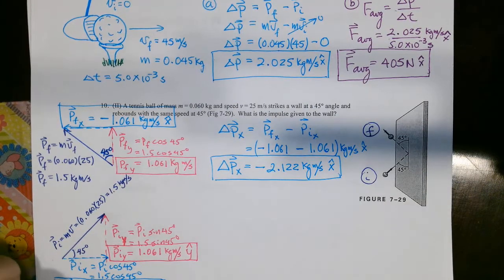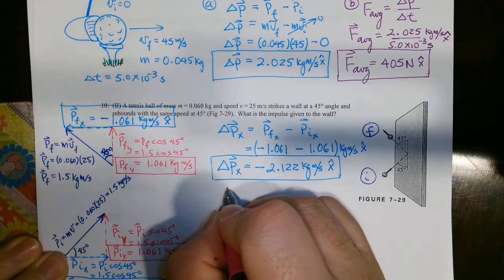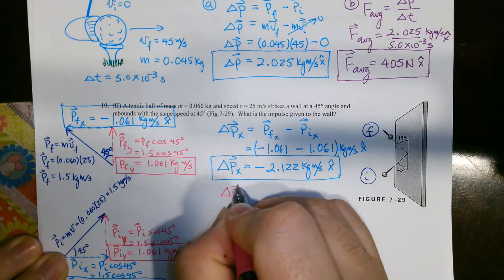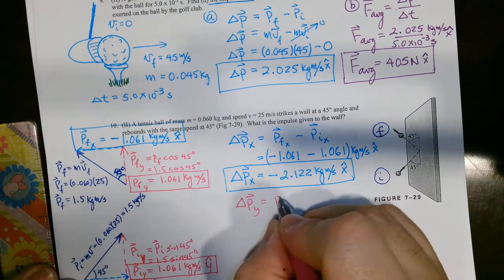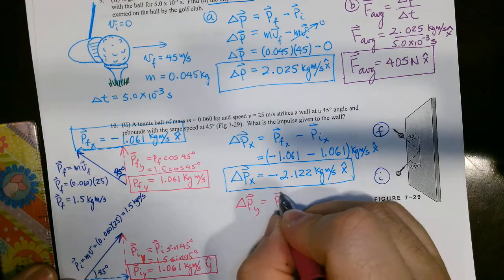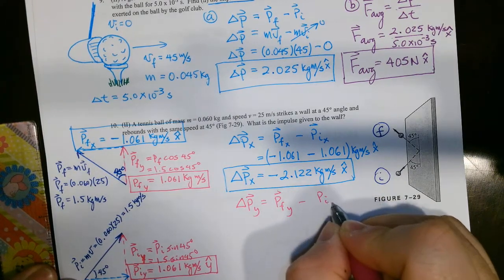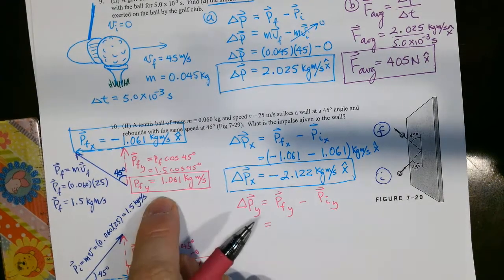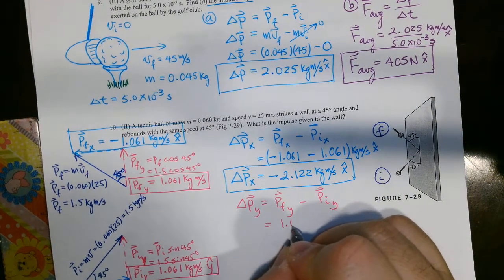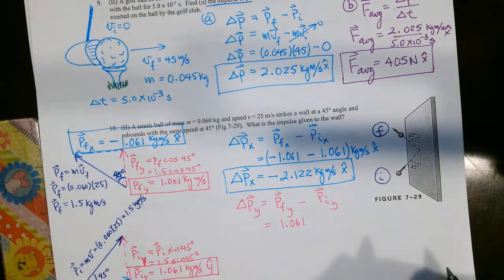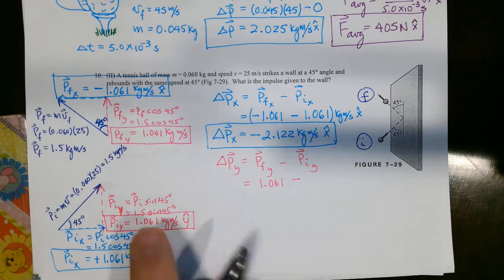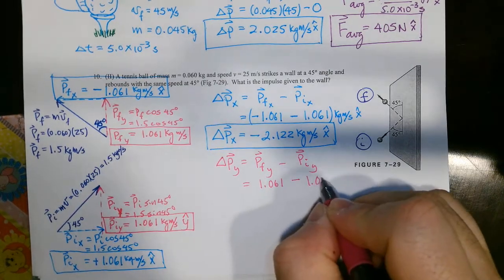However, if we take a look at the change in momentum for the y direction, right? I have momentum final in y minus the momentum initial in y. The momentum final in y is positive 1.061 minus momentum initial in y is still positive 1.061.